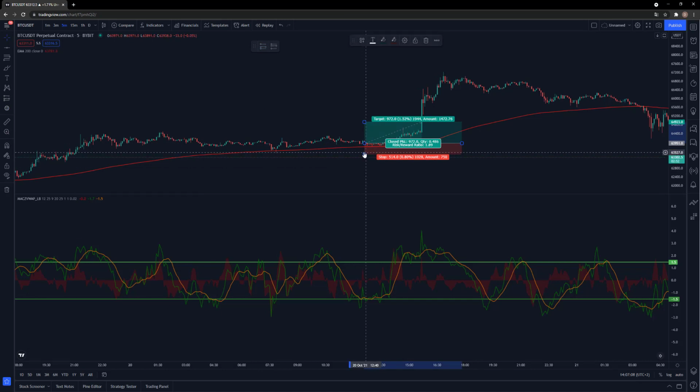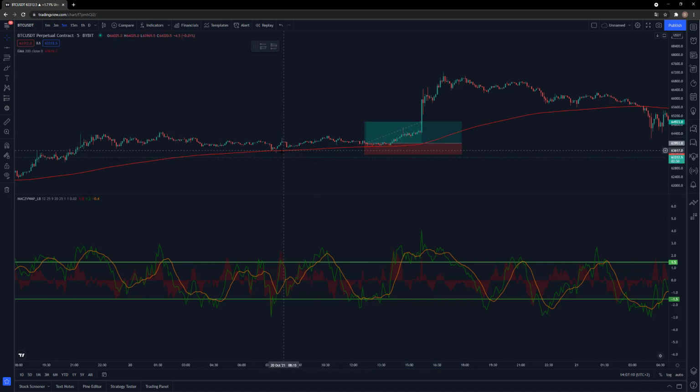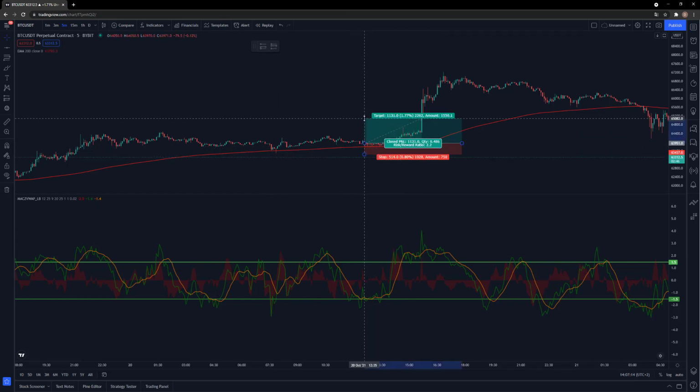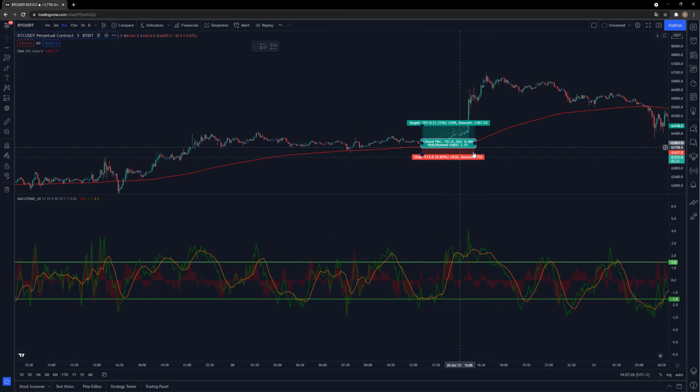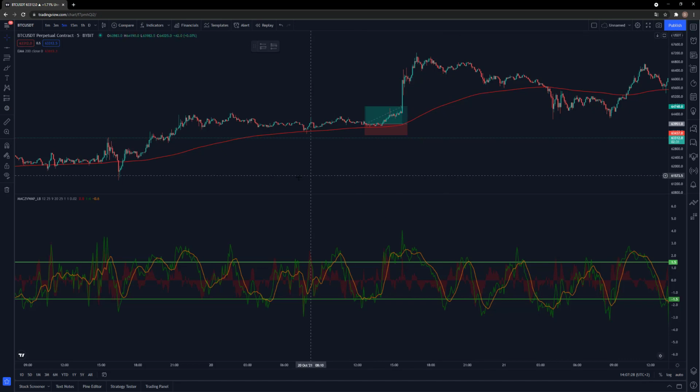I will put the stop loss below the last swing low, and then times 1.5. I normally do 1.5, but that's all personal. You can also get out faster if you get some bearish signals and stuff, but that's up to you. For back testing, I just always do 1.5.